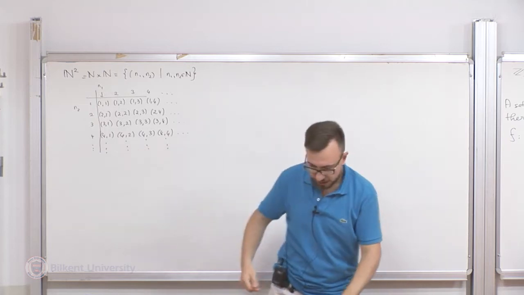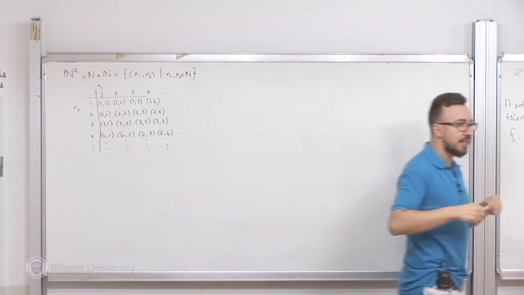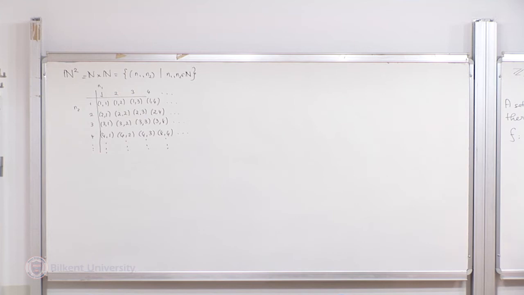And if you write it like this, as a huge matrix or a table, how can you count the elements of the set, like 1, 2, 3, 4?